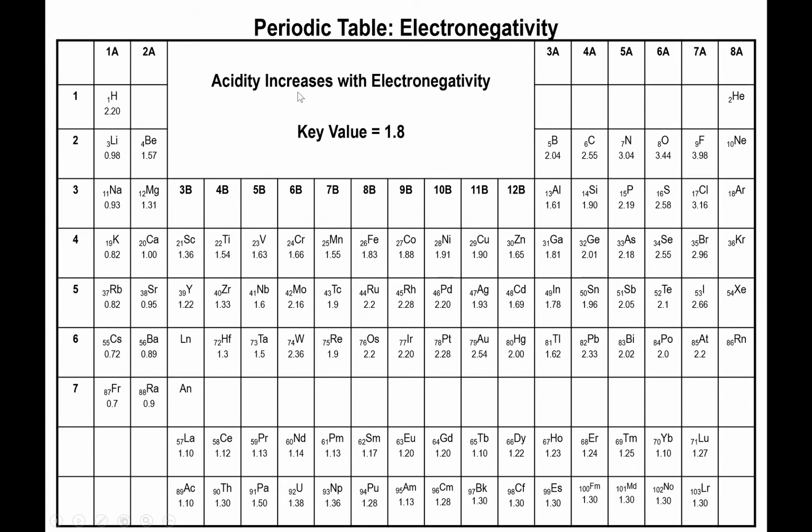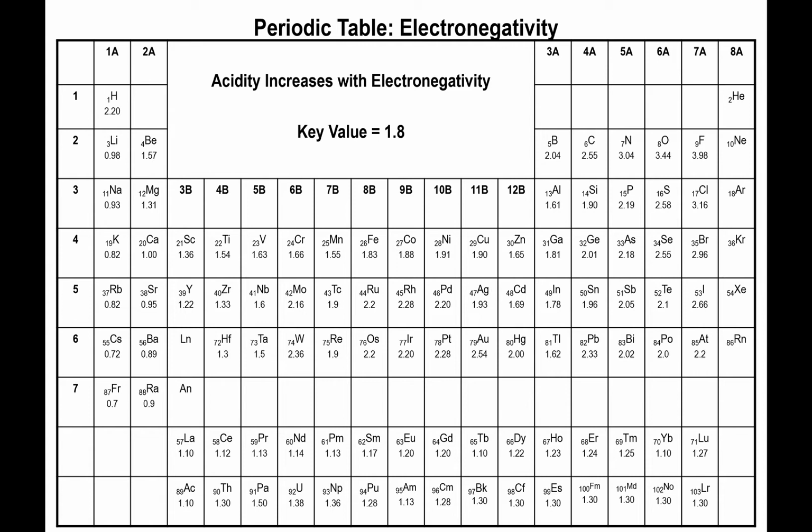And there's going to be a key value that we have to be on the lookout for, and the value is about 1.8. So if your metal hits an electronegativity of 1.8 or above, you're going to end up using one specific formula to calculate the overall pKa of your metal.